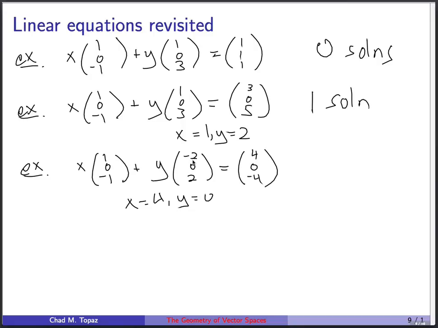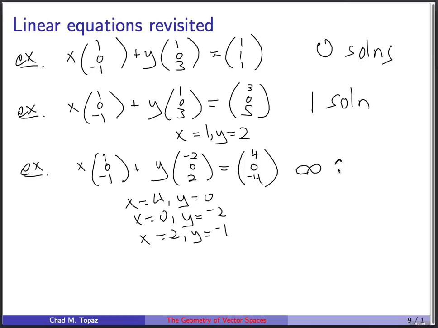That means there's redundancy in those vectors. There's many different ways, an infinite number of ways, in fact, for me to get to the target vector. We'll write down just a couple. I could take x equals 0 and y equals minus 2. I could take x equals 2 and y equals minus 1, and I could keep going on like this forever. Here, there's an infinite number of solutions.